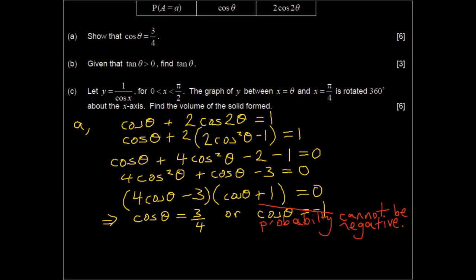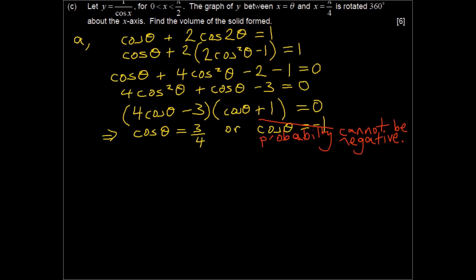So that just leaves me with this one. Cos theta is 3 over 4, which is what we wanted. So that's part A done. Fantastic. Next it says, given that tan theta is greater than 0, find tan theta.